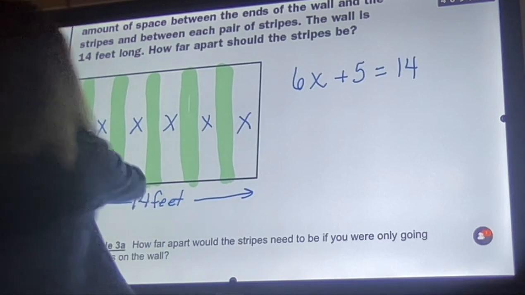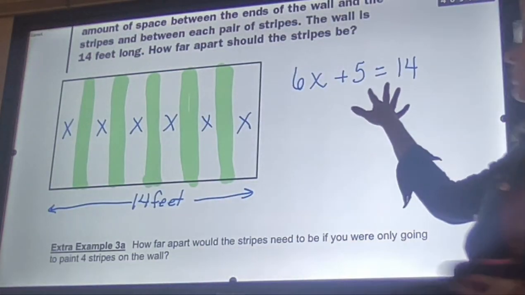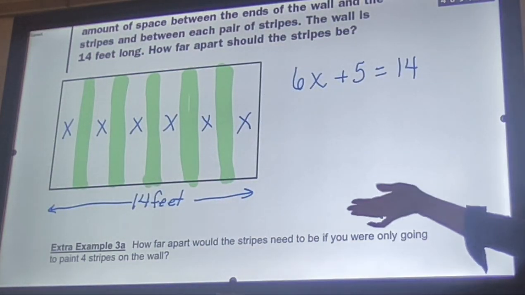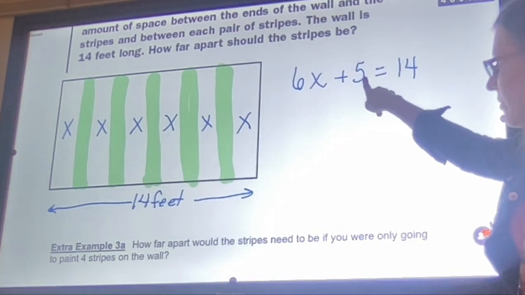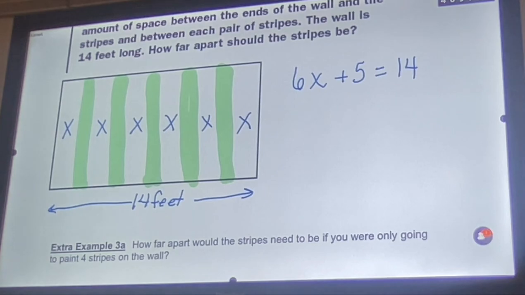So the diagram can be set up like a little equation. I have 6 X values, I have 5 stripes, and together they equal the distance of my wall, which is 14 feet. So our little picture now can be translated to an algebraic form.